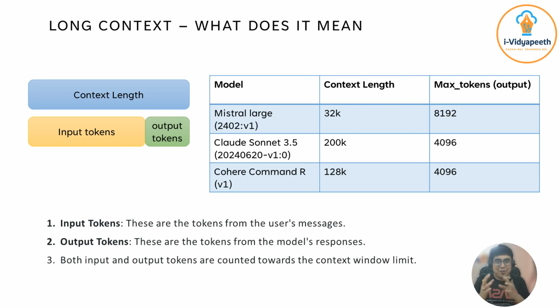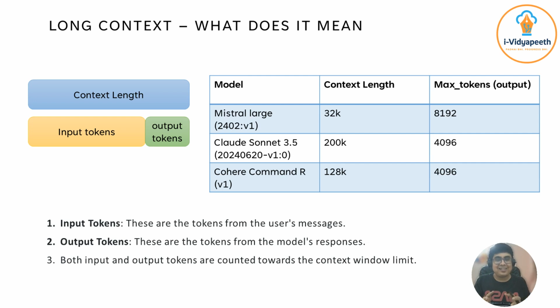Okay, so we always hear about a very large context window. Recently the models are having large context windows. For example, Claude Sonnet 3.5 has a context length of 200K. This 200K is the addition of the input tokens plus output tokens.